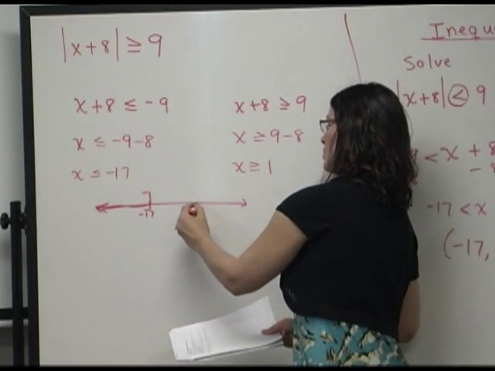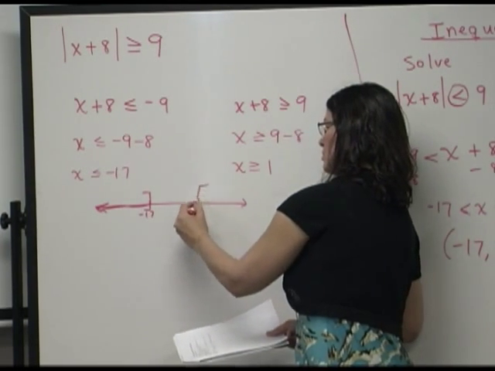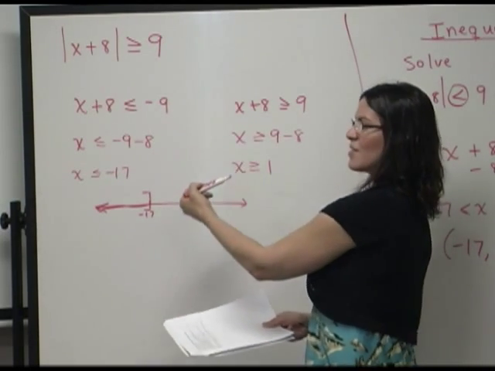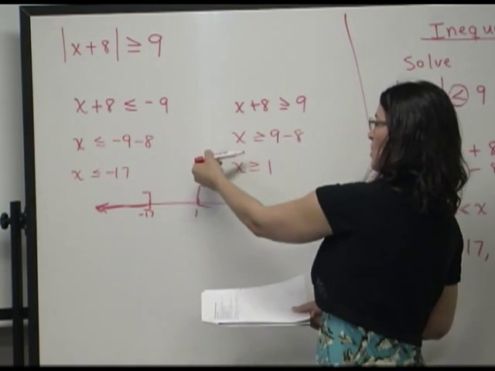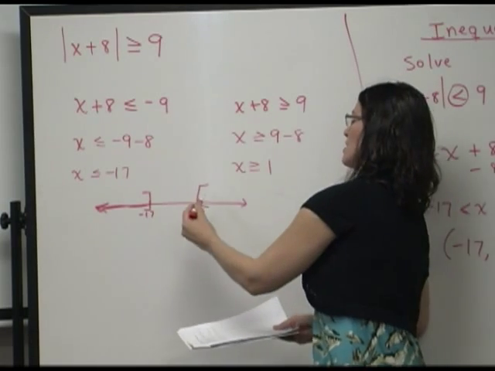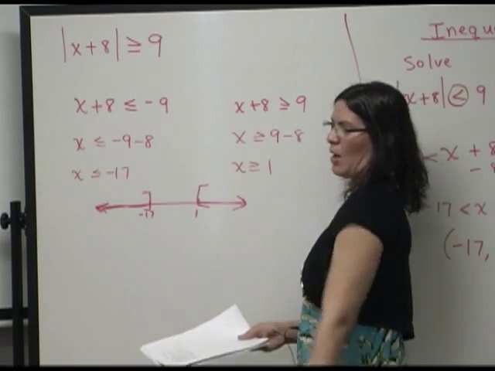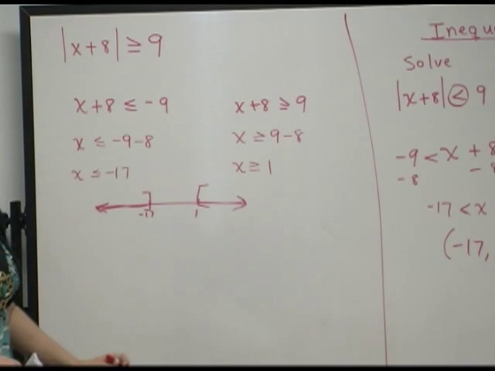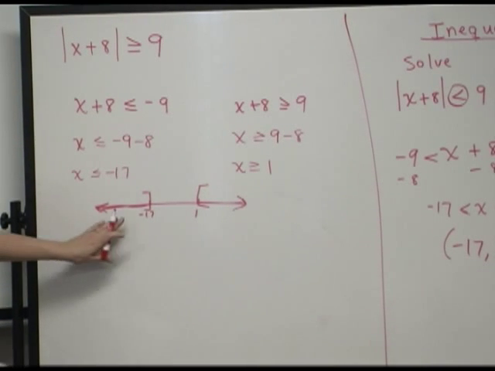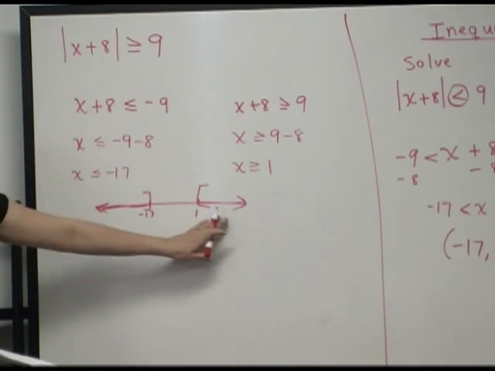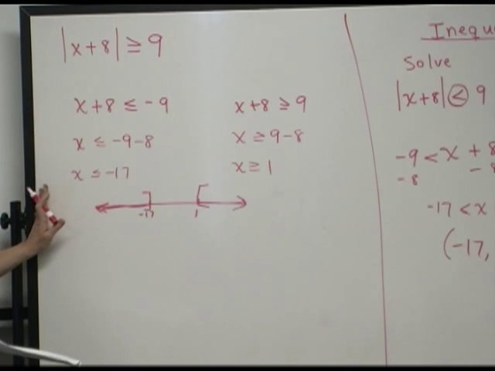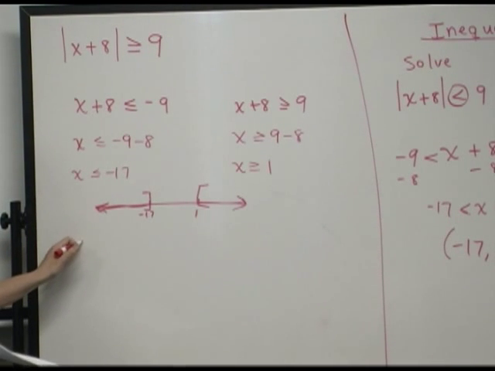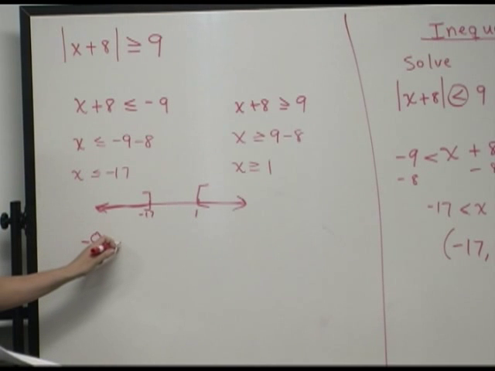And then I do the same with the 1. This one tells me everything greater than 1, right? Including the 1. I use that symbol as an arrow. So everything that way. So it helps when you have the graph. You're going to include these 2 sets, right? So this one, where does it start? Negative infinity. And it ends where?